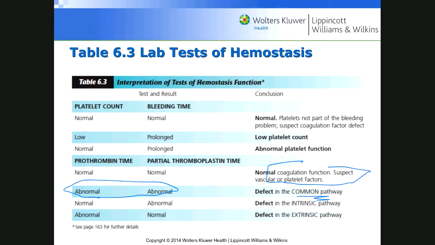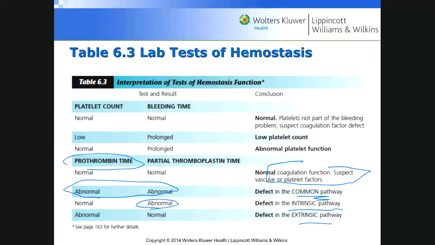If the partial thromboplastin time is abnormal, it is the intrinsic pathway, which requires factors 12, 11, 9, and 8. If the prothrombin time is abnormal, it is the extrinsic pathway, which requires factor 7 and factor 3. Is that clear?